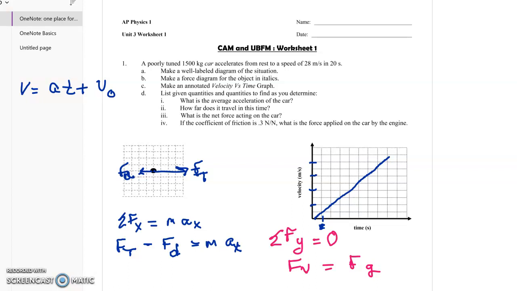V naught is 0, so it's just going to be 28 meters per second divided by 20, equals A. So we end up with A equaling 1.4 meters per second squared. And that would mean that the slope here would be 1.4.